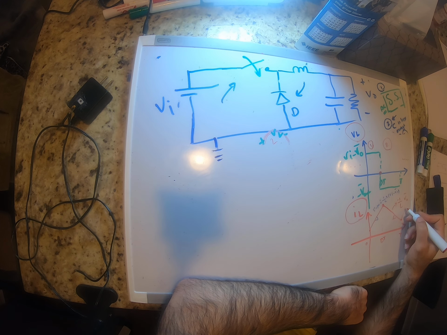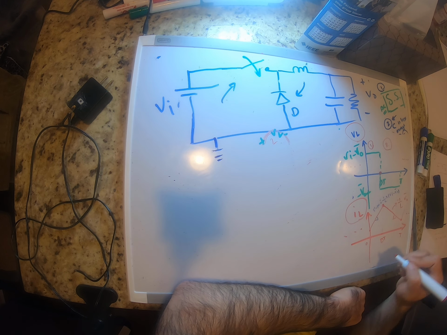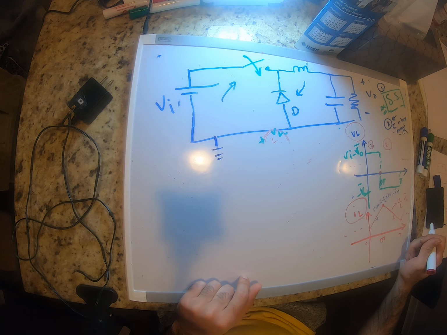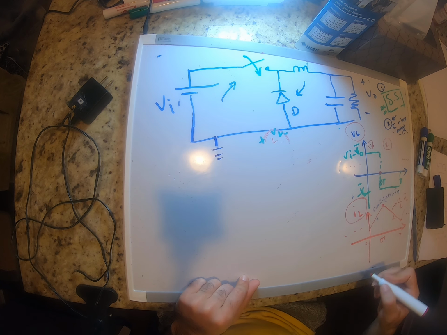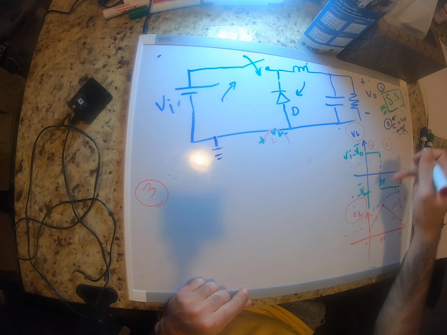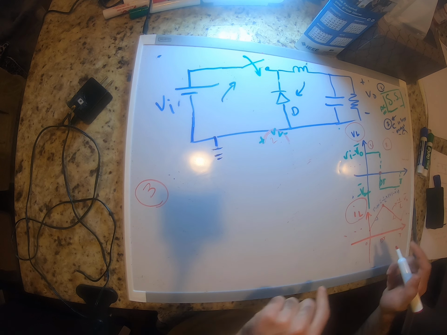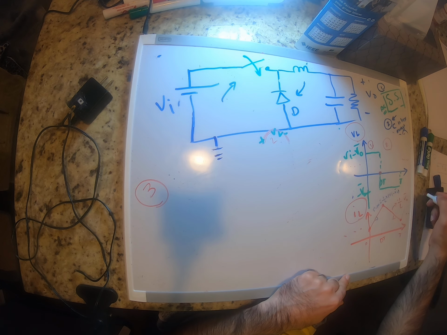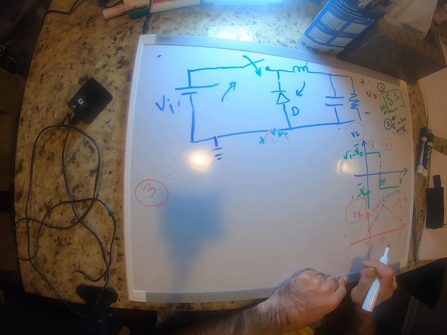And again, this would continue. The analysis that we do here is for the third assumption that we have, that we always assume that there is some current going through the inductor. The current never becomes 0.